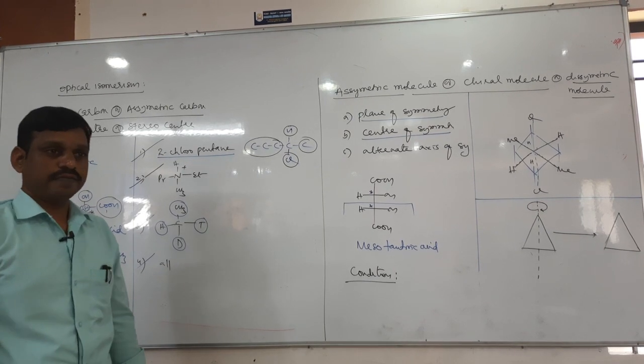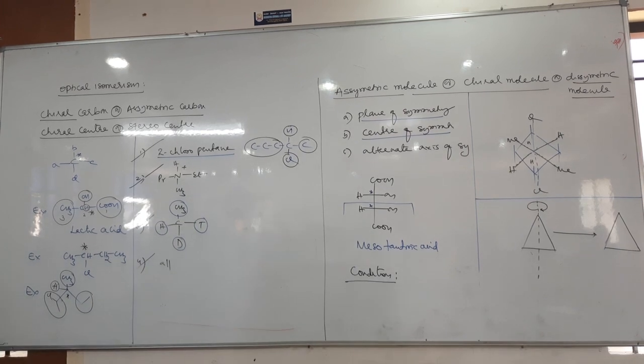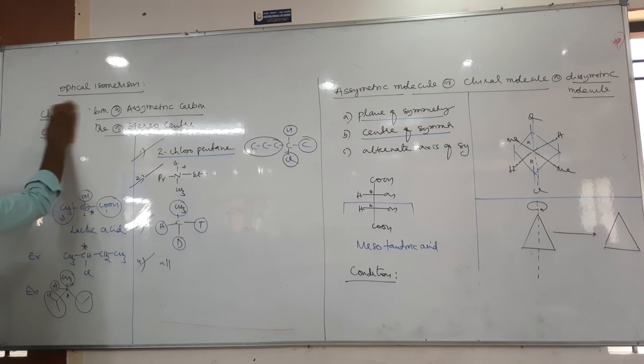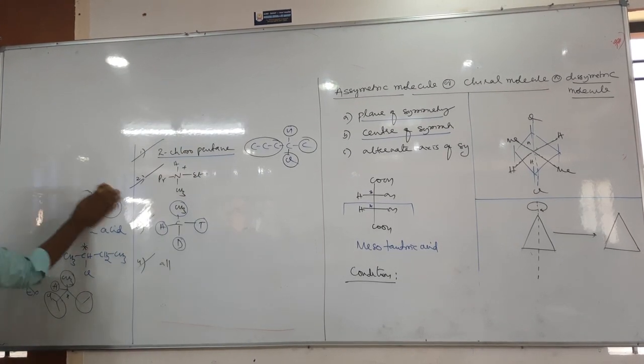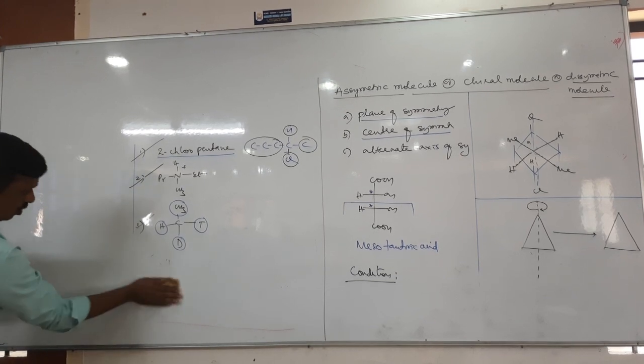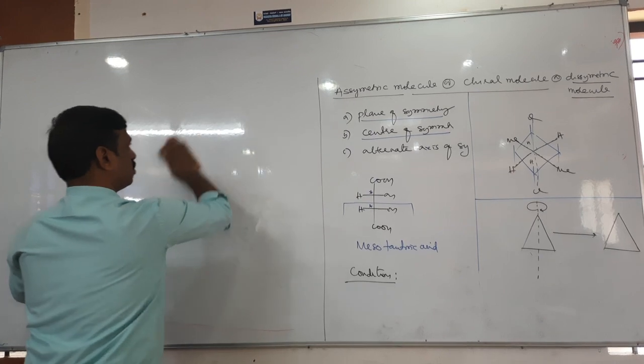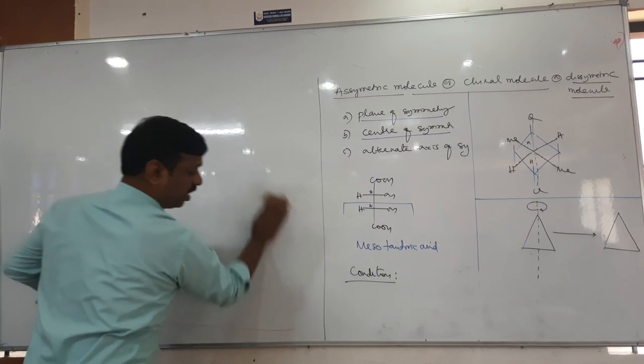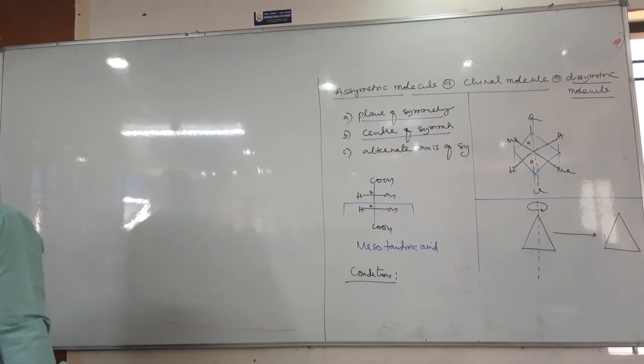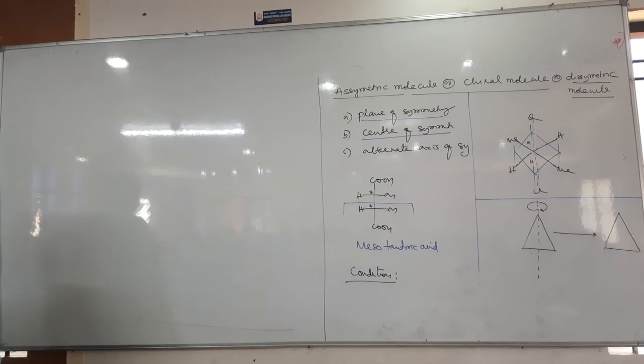Next, plane of symmetry. A plane of symmetry is an imaginary plane which divides the molecule into two equal halves, such that one half of the molecule is the mirror image of the other half. This is called a plane of symmetry.